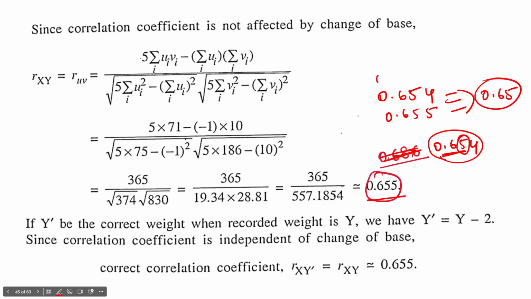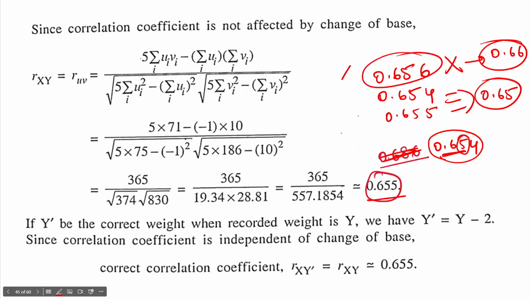Now if it is 0.656, then it will give you 0.66 after rounding off, so it will give you another value. So if the value in the third decimal place is lesser than 5 or equal to 5, up to that there is no problem.